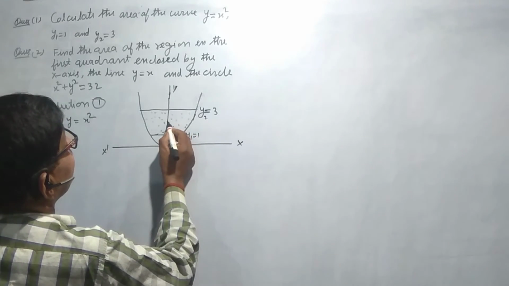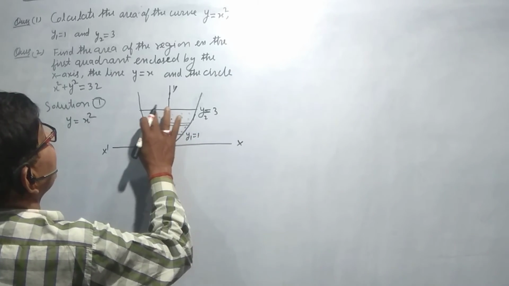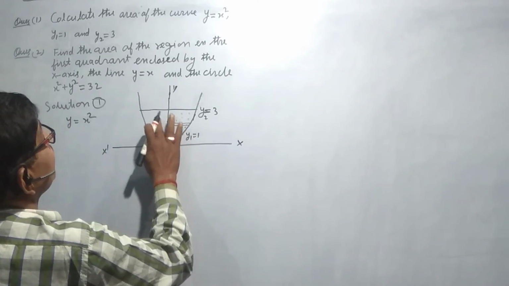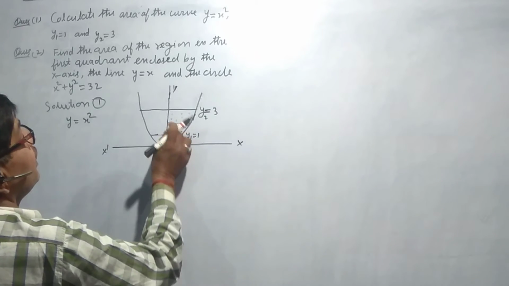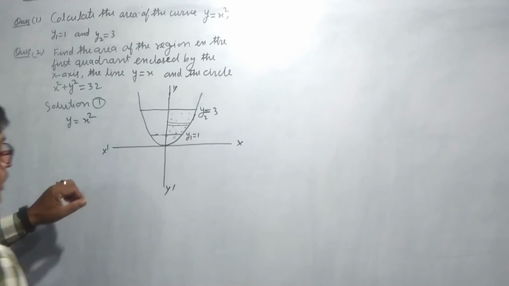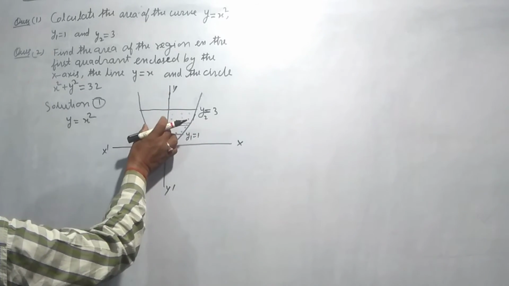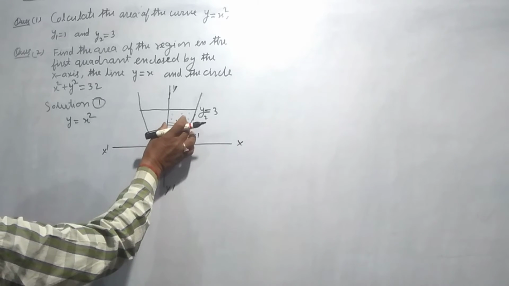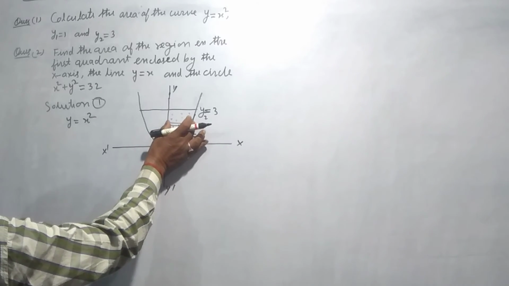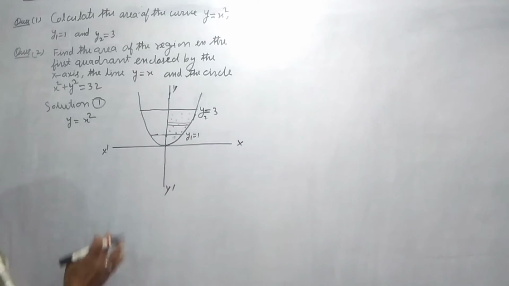First of all, we take the area of this part. This is dy. The area of this part and this part are both the same. We calculate the area of one and double it to get the total area here.